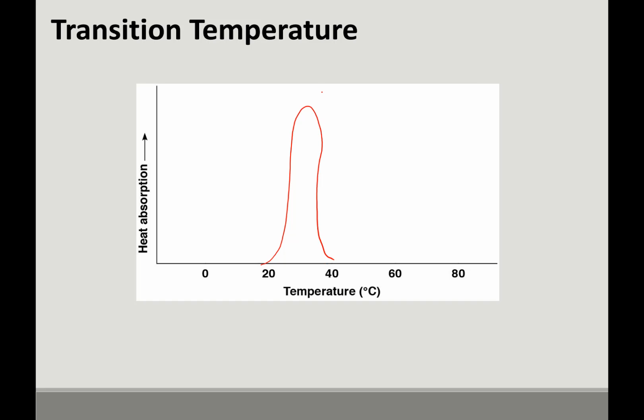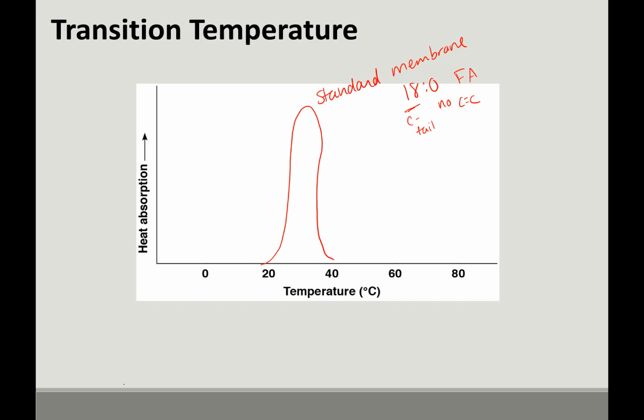So this is my standard membrane. And I'm just going to say it has fatty acids that are 18:0, which means they have 18 carbons in the tail and no carbon-carbon double bonds.